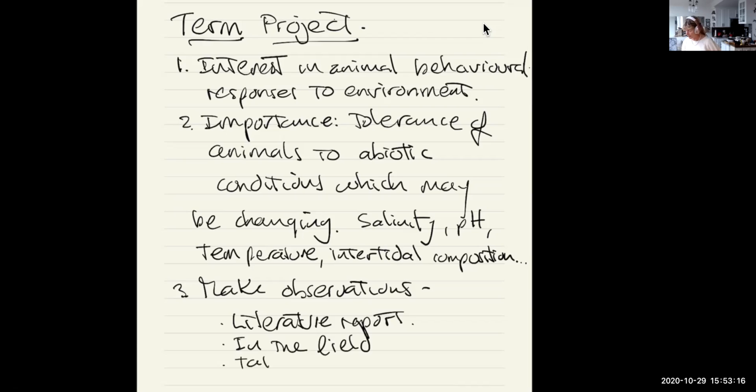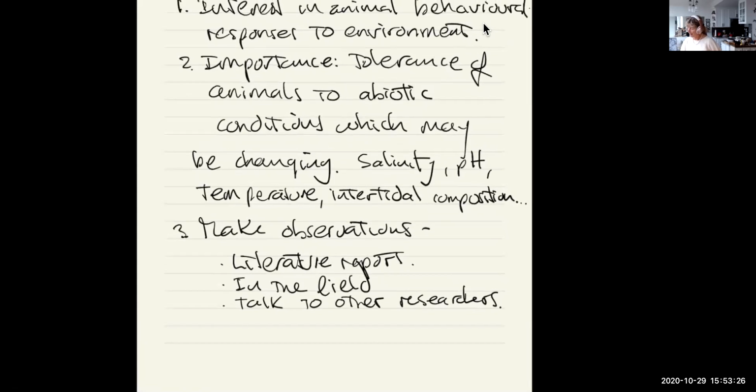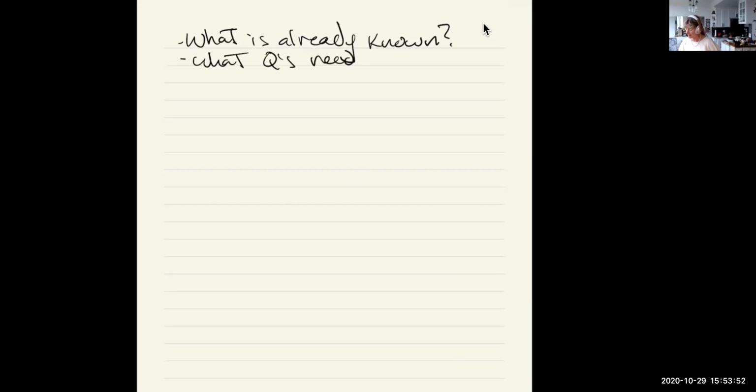You can talk to other researchers in the same field. And it's important to know what is already known. So the reason to make observation is to find out what is already known about the animal. And what questions need to be asked.